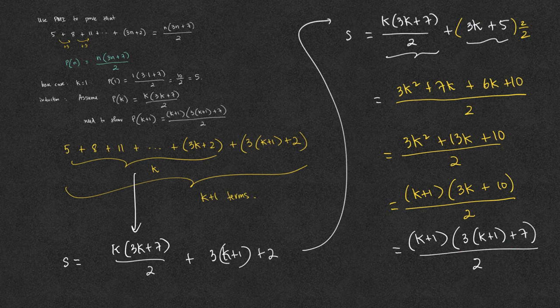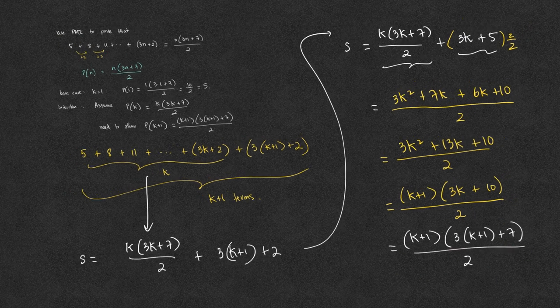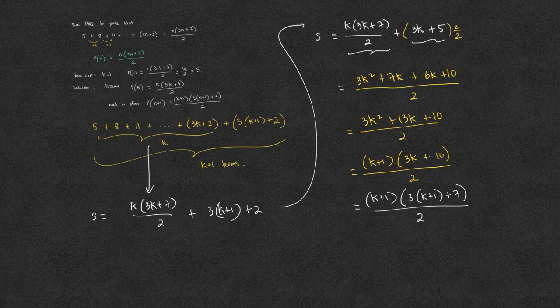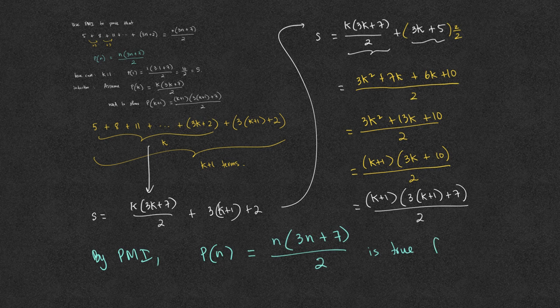Since the statement is true for both the base case and the induction case, we conclude that by the principle of mathematical induction, the statement P of n equals n times (3n + 7) over 2 is true for all n.